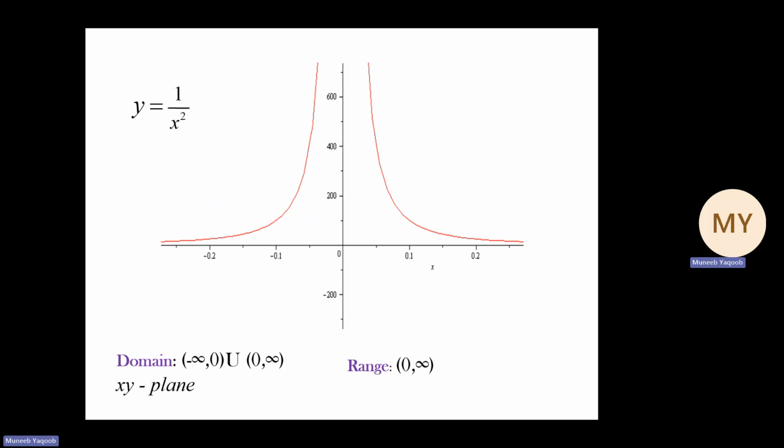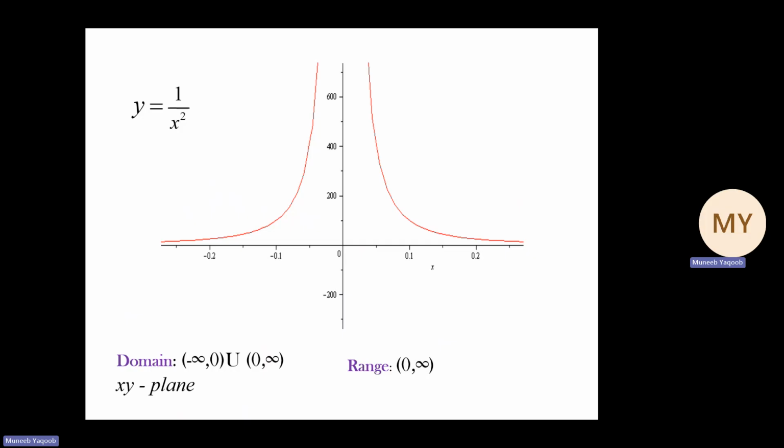Therefore, we conclude that the lowest value of this height can be from 0 to infinity, but both 0 and infinity are not included. Why?